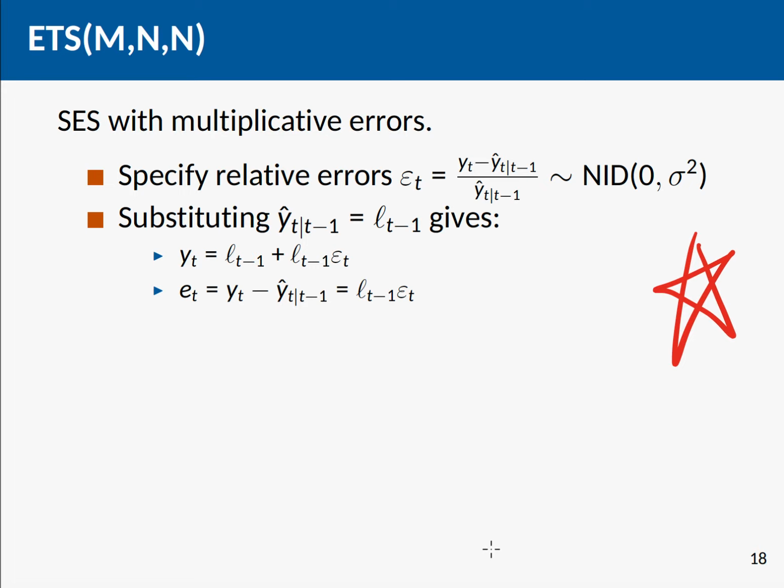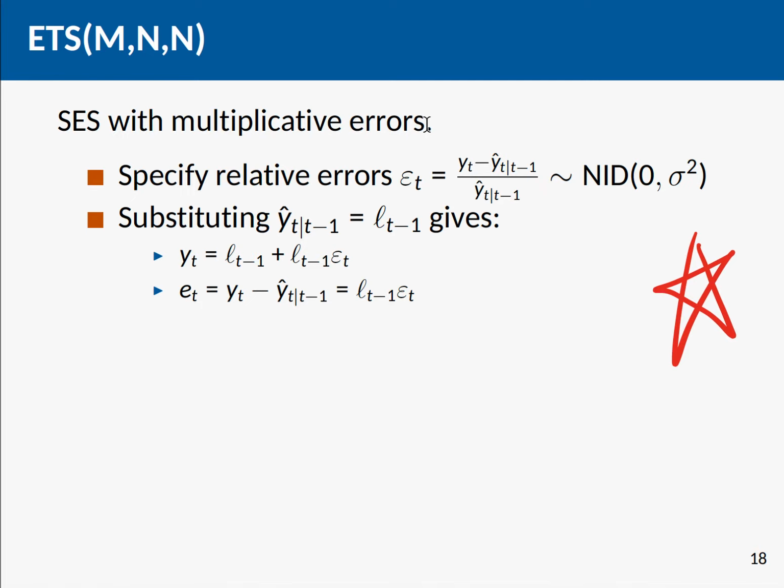Now, you could also have models where the errors appear in a multiplicative form and not in an additive form. You don't have to worry so much about this at this point, but really in terms of notation, your epsilon t is going to be a little bit different than the epsilon t that you had in the additive model.